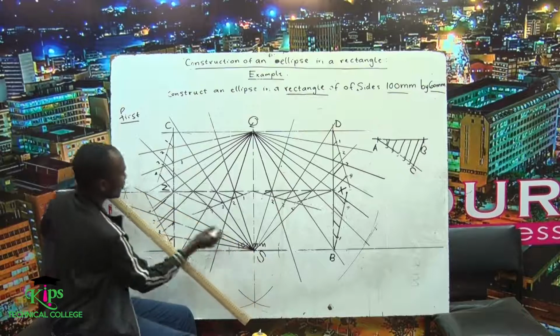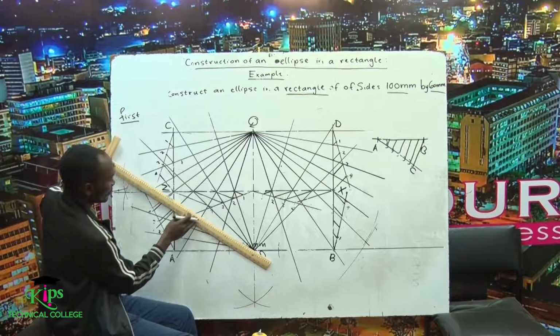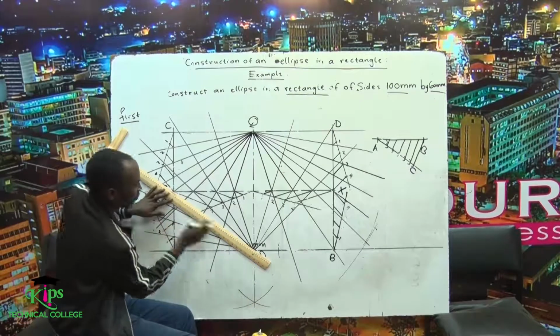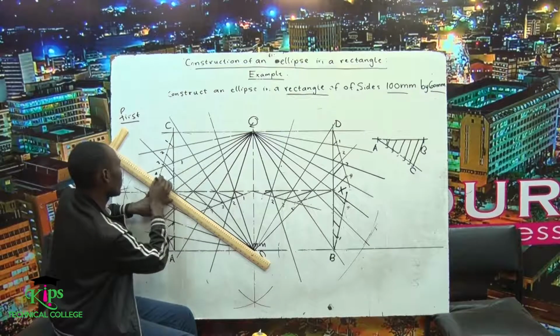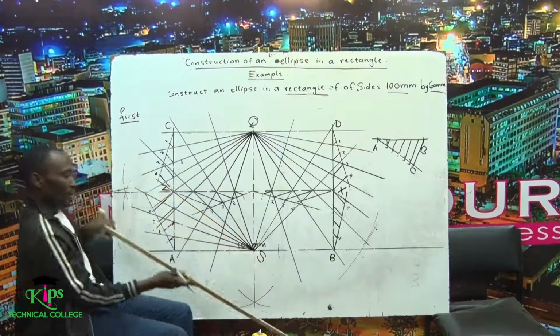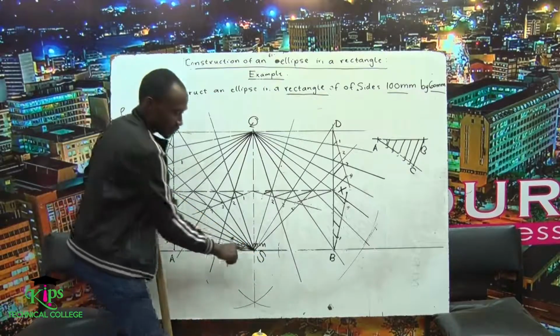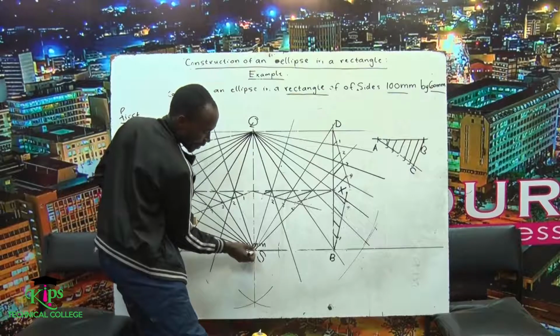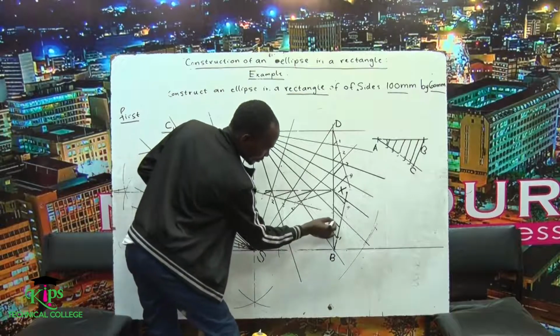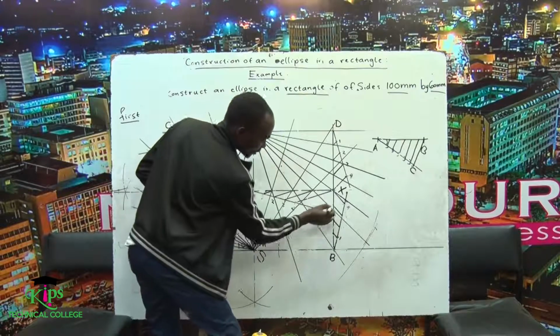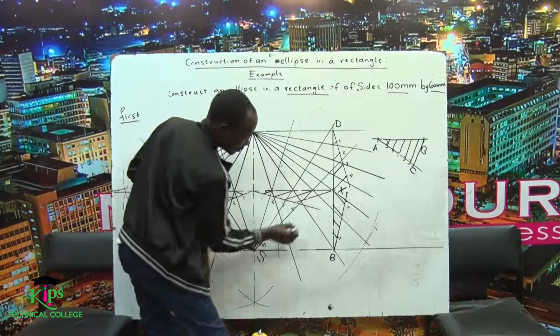Then S to point 4. Then also, I will stand at point S to draw lines from S to point 1, S to point 2, S to point 3, then S to point 4.